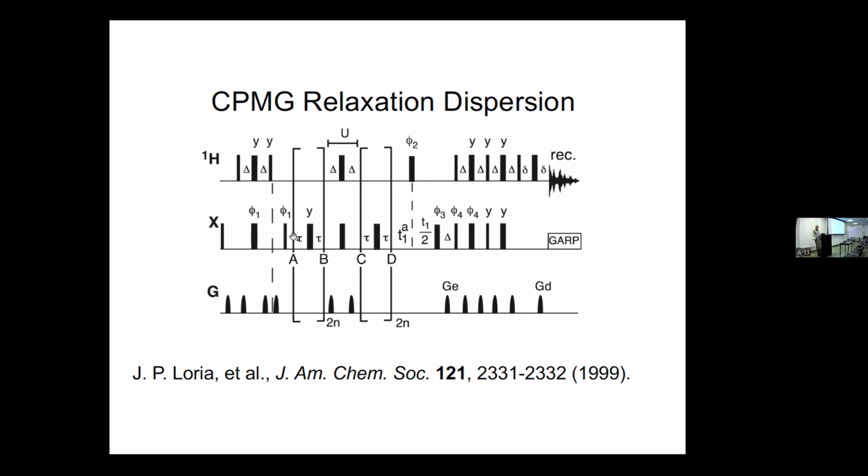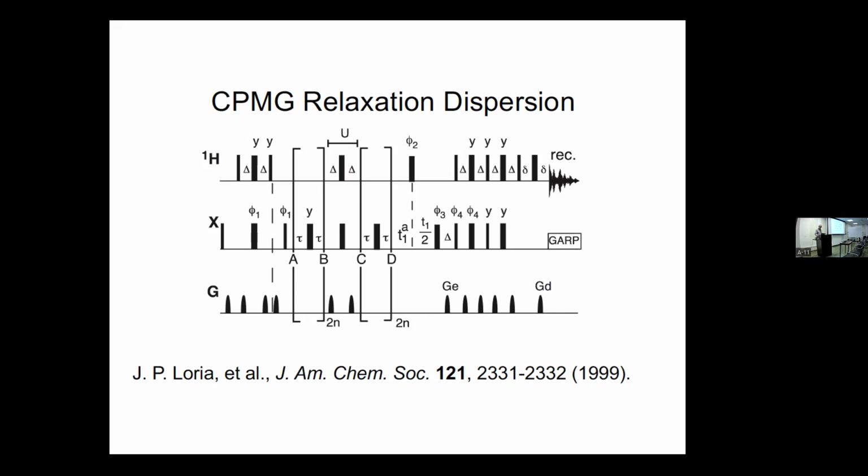The problem is, as you alter tau, the amount of J coupling evolution changes, so that the J coupling effects are coupled in to the relaxation effects. And I wrote a paper as a postdoc that said that meant we couldn't do CPMG experiments on proteins.